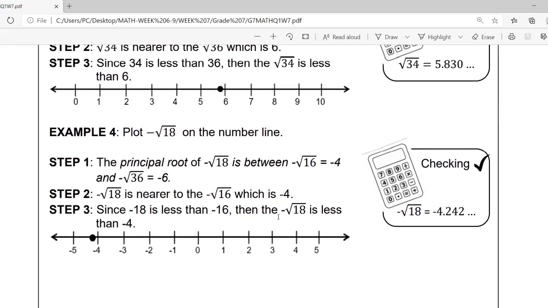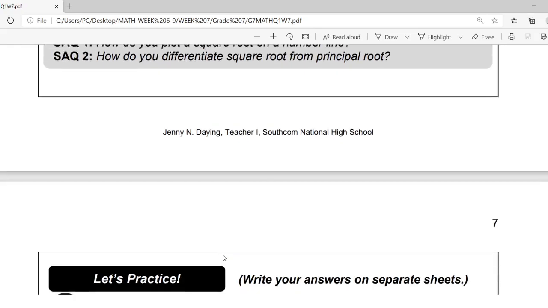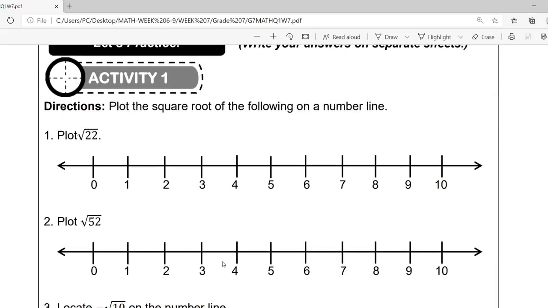So if it's less than negative 4, somewhere there. If somewhere here, this is greater than negative 4, it should be going that way.